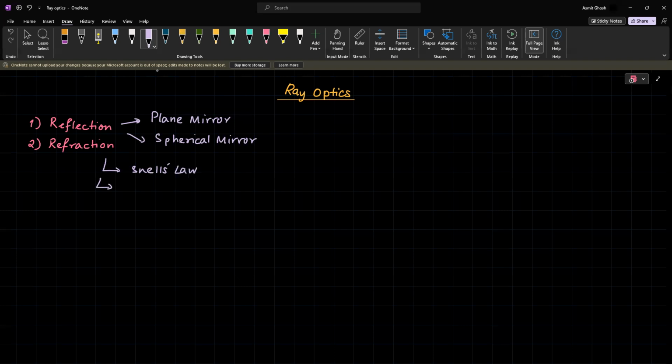Then we have refraction with respect to plane surface, critical angle and total internal reflection, refraction for a spherical surface, for prism, and optical instruments.